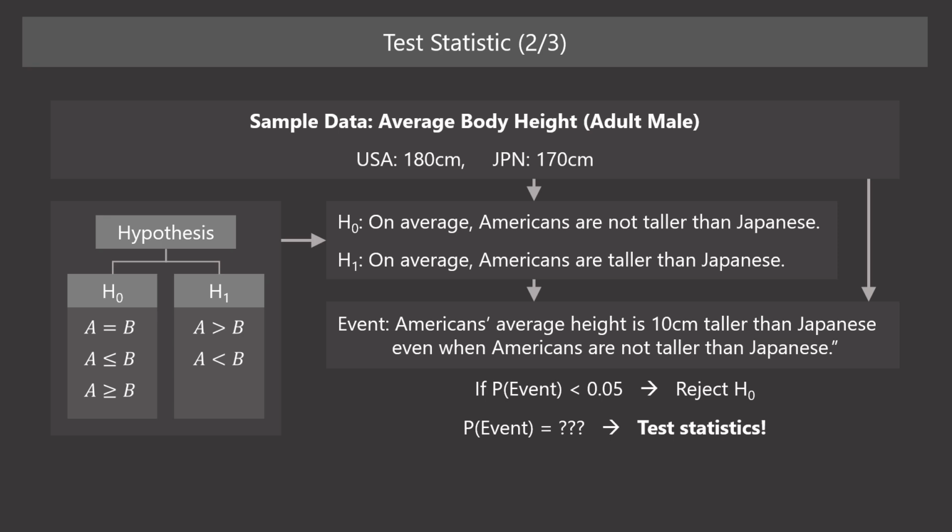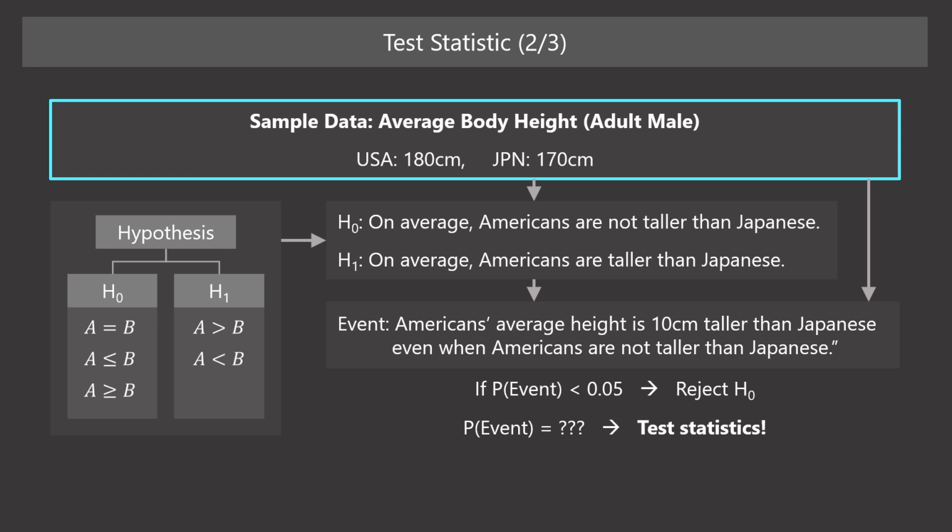This is a sample data consisting of 100 Americans and 100 Japanese. In this sample data, the average body height of Americans is 180 and that of Japanese is 170. The data shows that, on average, Americans are taller than Japanese.